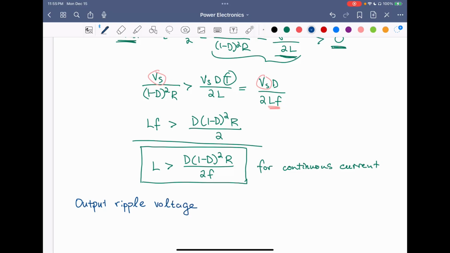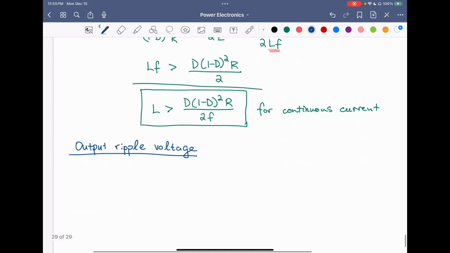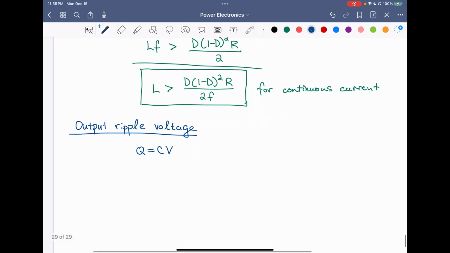So to examine what the output voltage ripple is, we'll look at the capacitor charge. We know that for a capacitor, Q equals CV. This also means that the change in the charge stored in a capacitor is equal to the capacitance times the change in the voltage across the capacitor.